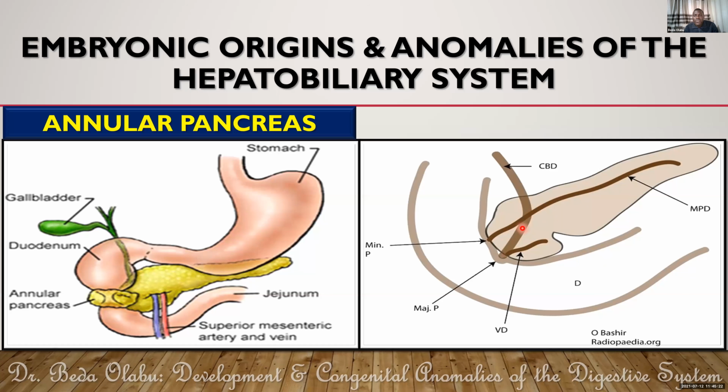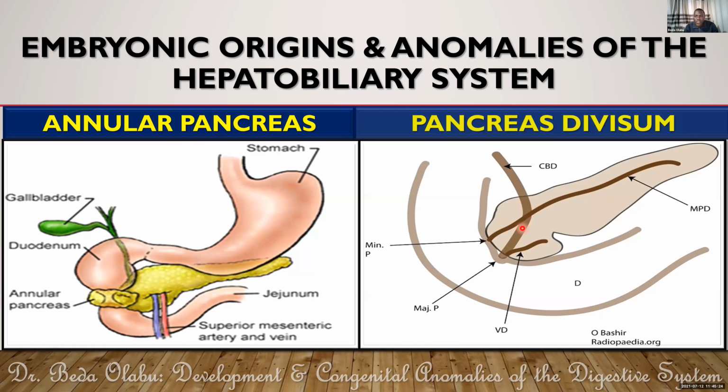And then we have what we call pancreas divisum. This happens when the dorsal and the ventral bud don't join their ducts. The ducts of the two don't join.